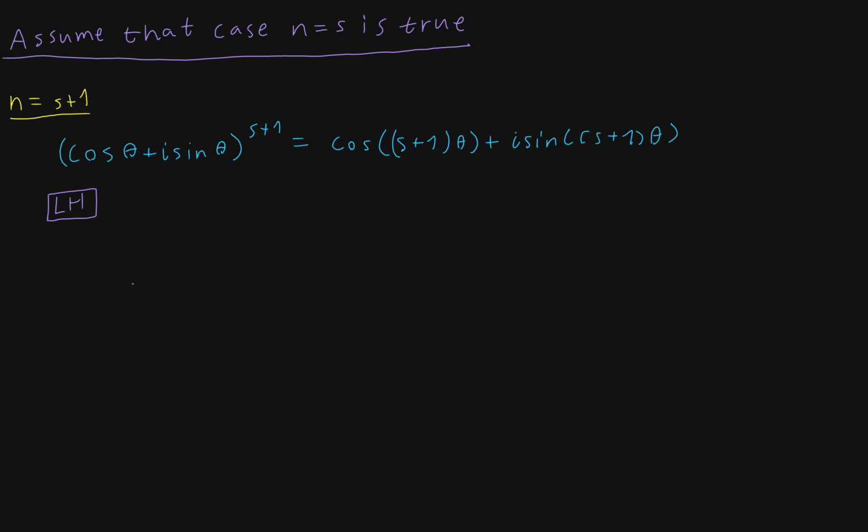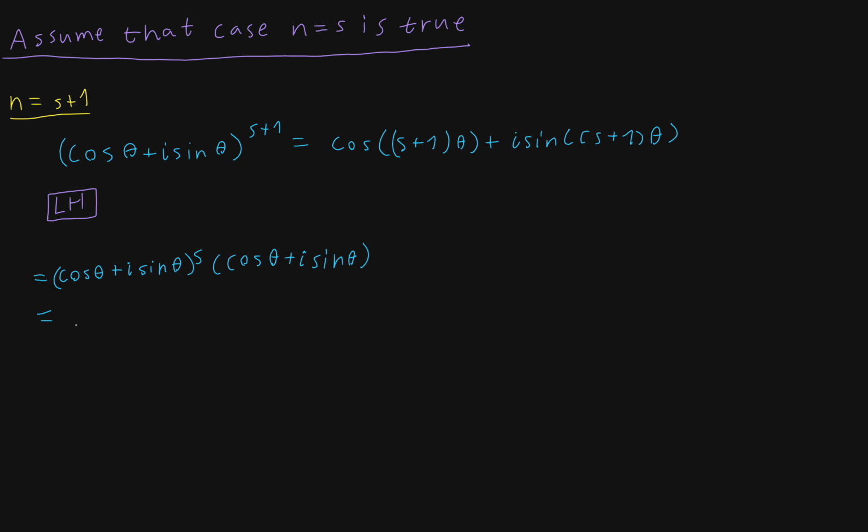By exponent laws, we can split cosine theta plus i sine theta to the s plus 1 into cosine theta plus i sine theta to the s times itself, cosine theta plus i sine theta. Now with this, again, we're going to assume that the case n equals s is true.